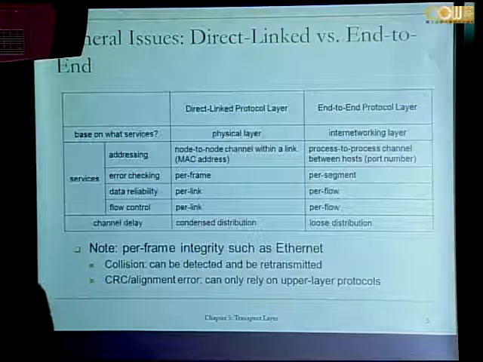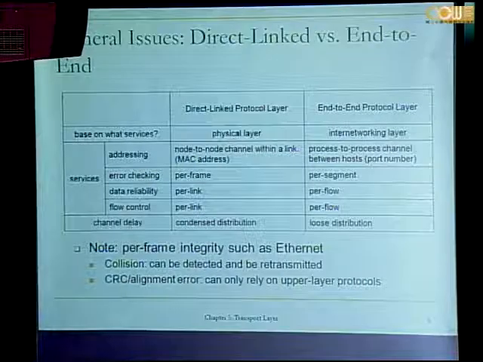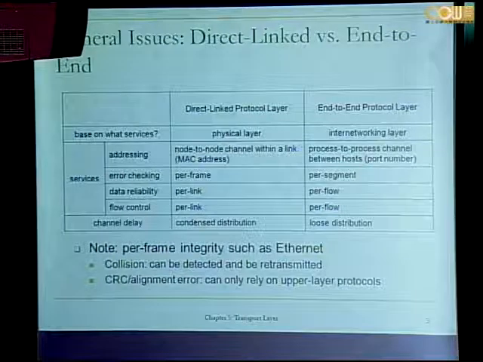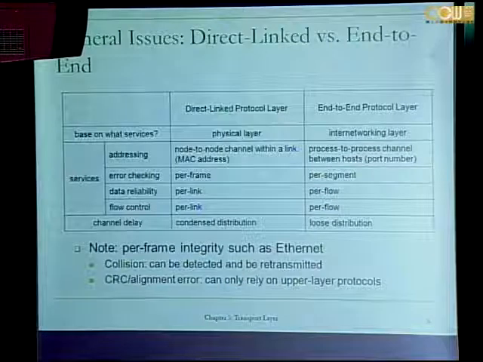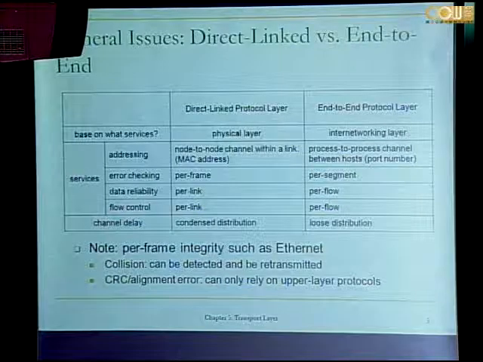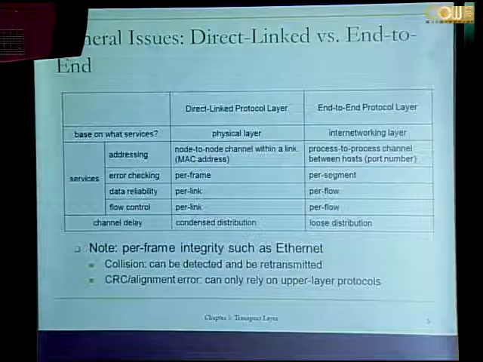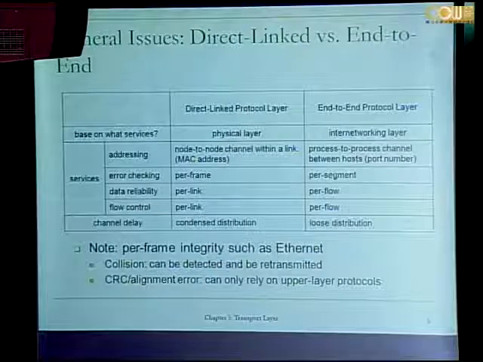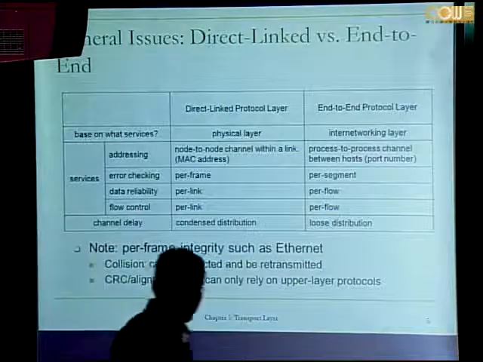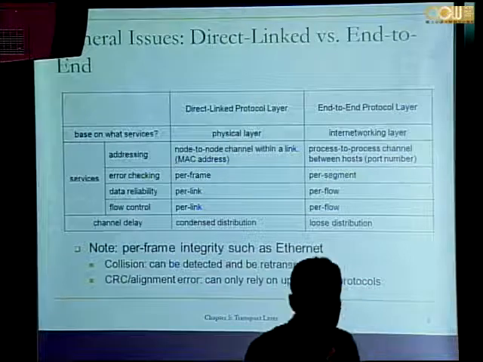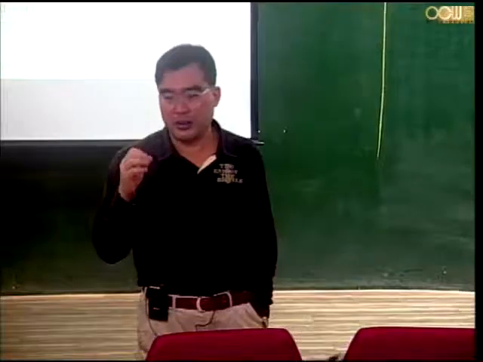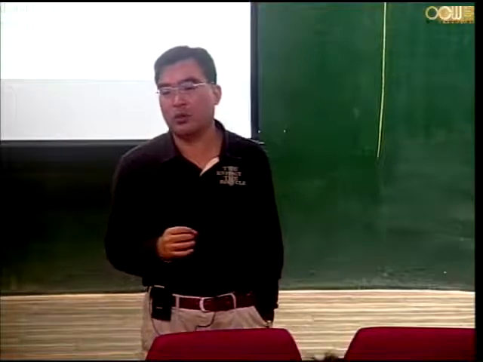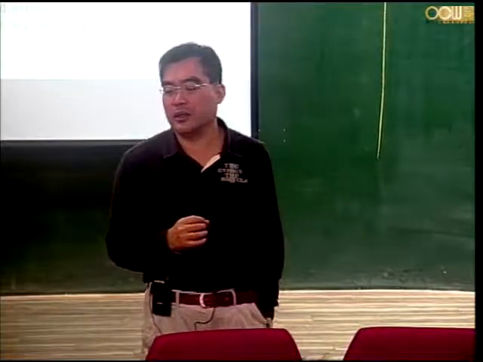If the CRC check is incorrect, it would drop the frame. No retransmission will be done, and it's left up to the upper layer. So in a sense, it does error control, but only detection, no correction for Ethernet.